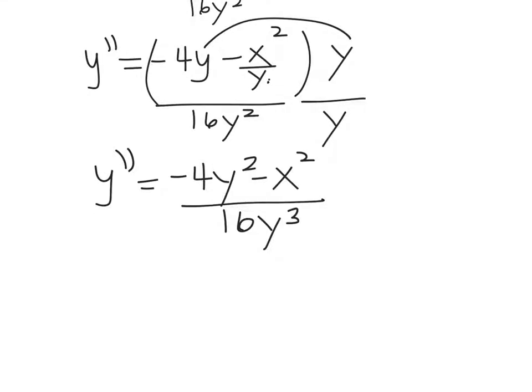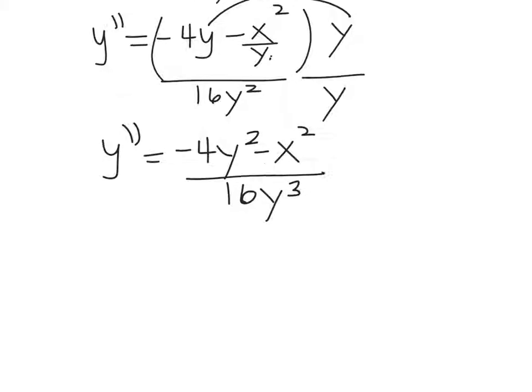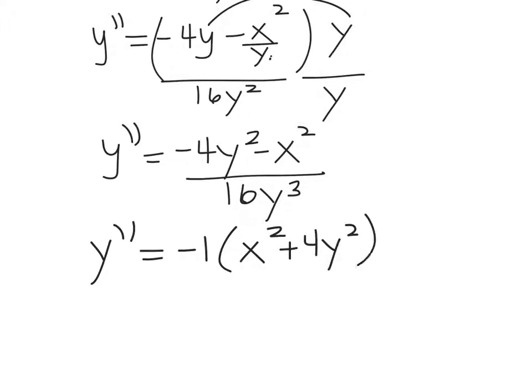Now do me a favor, let's factor out a negative 1 up top, and then switch everything around a little bit. We get negative, x squared plus 4y squared, over 16y cubed.